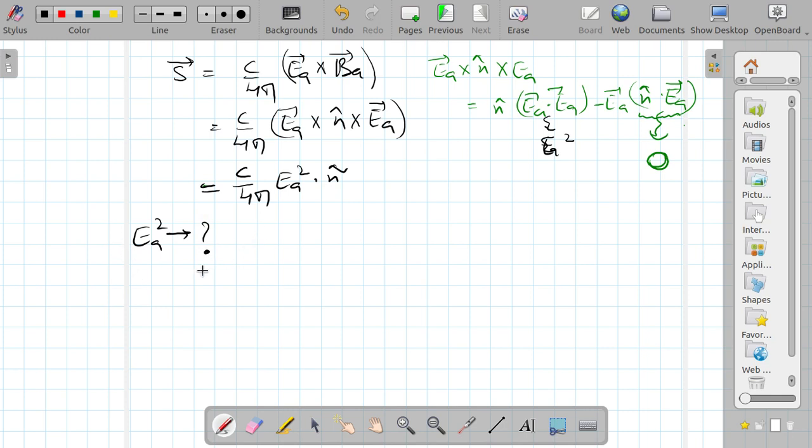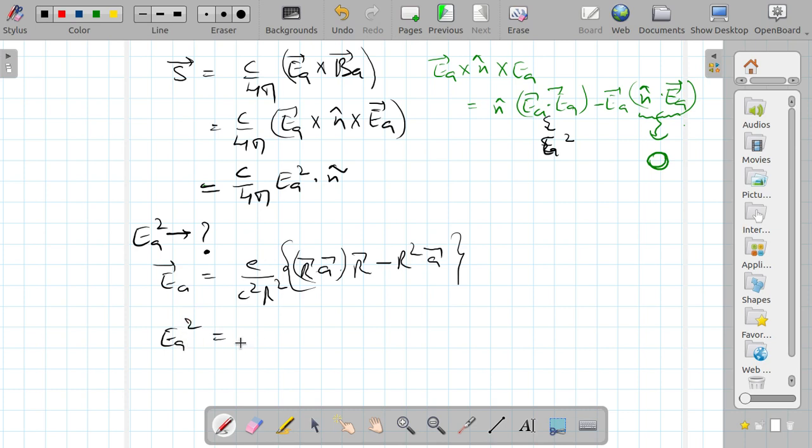For this, let us consider the E_a vector equal to E over c square R square, times (R dot a) R minus R square a vector. I will use this identity.